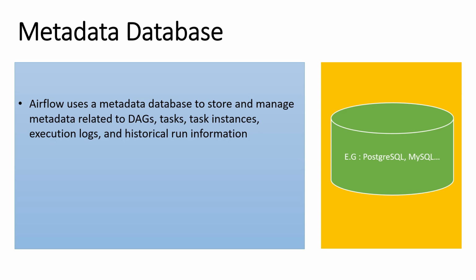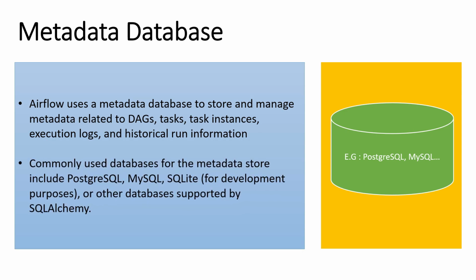By configuring Airflow to use a robust database like PostgreSQL as the metadata store, you ensure that metadata related to DAGs, task statuses, and execution logs are securely stored and managed. Commonly used databases for metadata store include PostgreSQL, MySQL, SQLite, and other databases supported by SQL Alchemy.